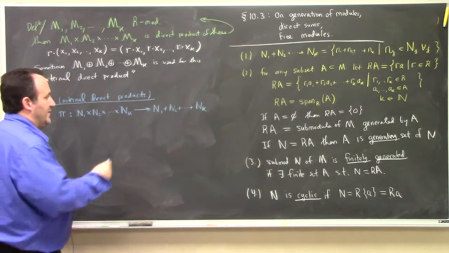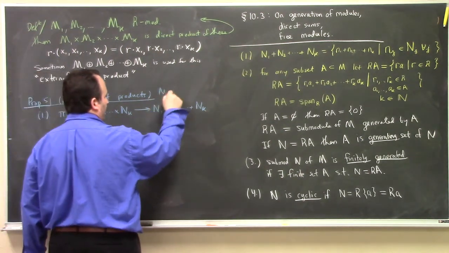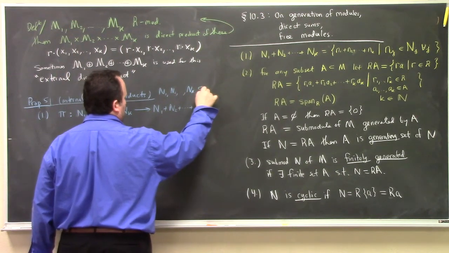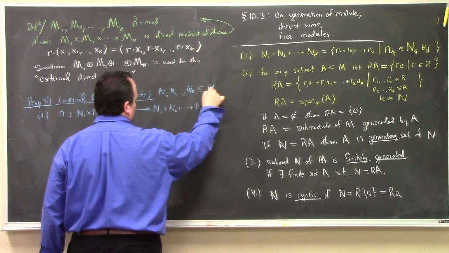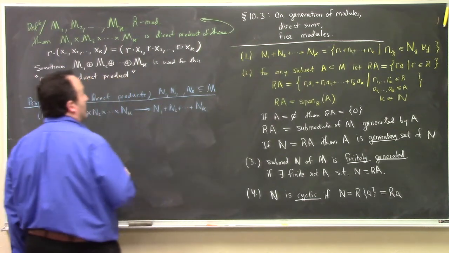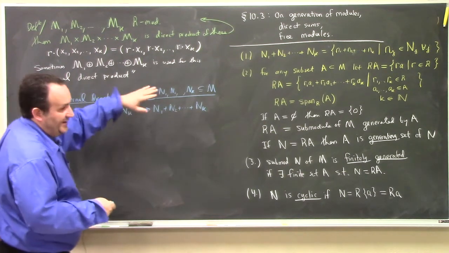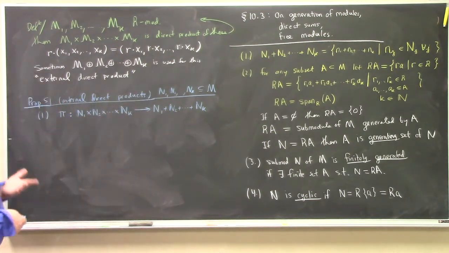And so here we're assuming that N1, N2, through NK are submodules of M, okay? That's a distinction. In the definition above, the external direct product, there's no interlinking condition between the M1 and the M2 and the MK. They're just separate spaces that all happen to be R modules. Here I'm assuming that the N1 through NK are all subsets of a given R module M.